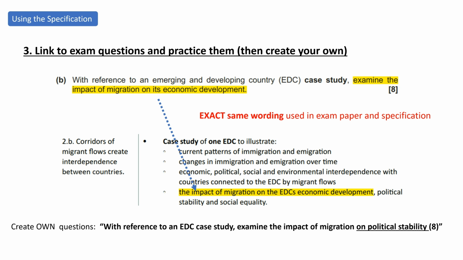I could have used the word social equality, but I could essentially make myself questions and then practice answering them as part of my revision, to practice applying the knowledge, which is what I'm going to have to do in the exam. So I've used it as a checklist, I've used it as a starting point, but now I'm linking all of the knowledge that I know to actual exam questions, and then I'm going to practice them. I can also create my own questions based on what the spec is telling me in terms of wording.